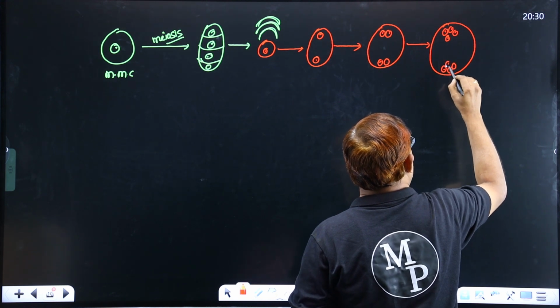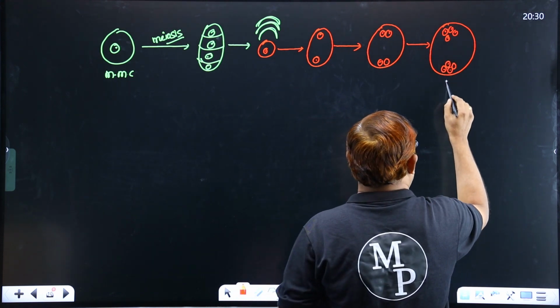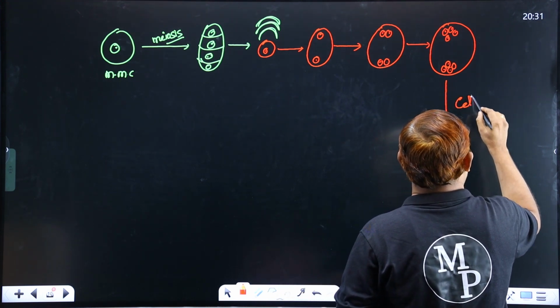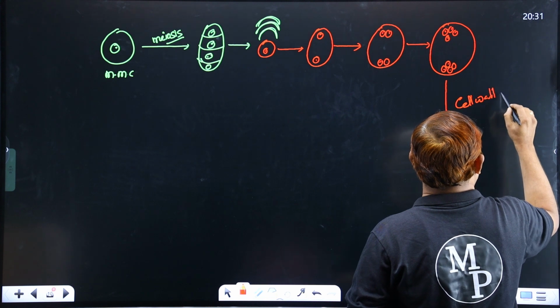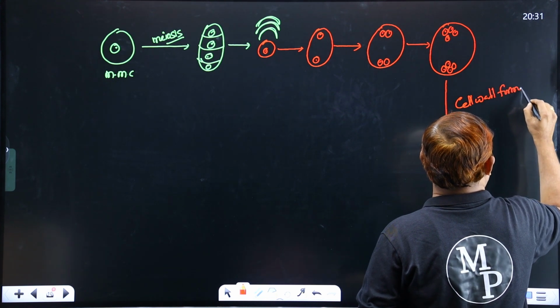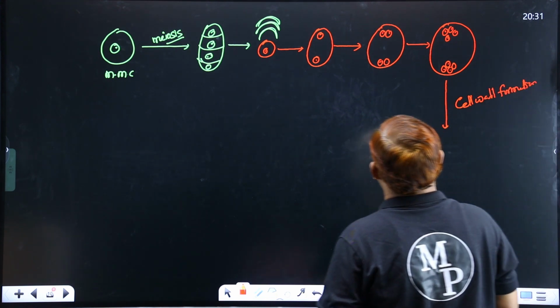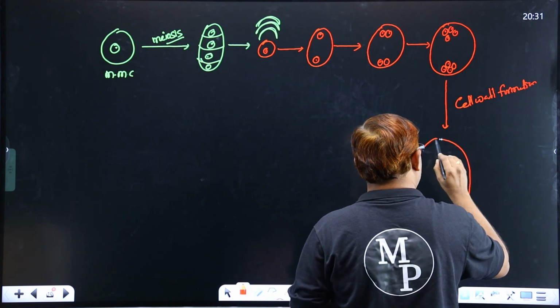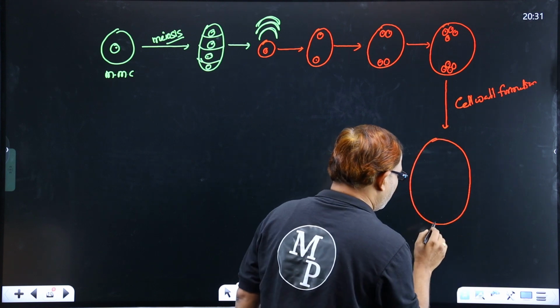After that, these nuclei undergo organization, meaning cell wall formation takes place, into a complete structure of the female gametophyte.